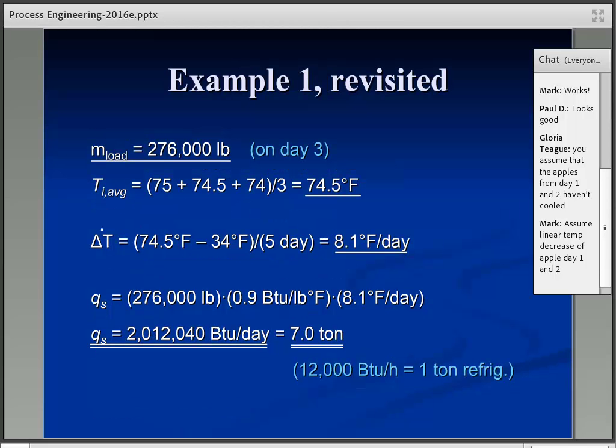And so here I've just redone and calculated that average. The average temperature of the apples being cooled off in there is 74.5 on day 3. And so the rate is just slightly different, 8.1 instead of 8.2. You get very slightly different numbers here, 7 tons even instead of 7.1, I think we were.